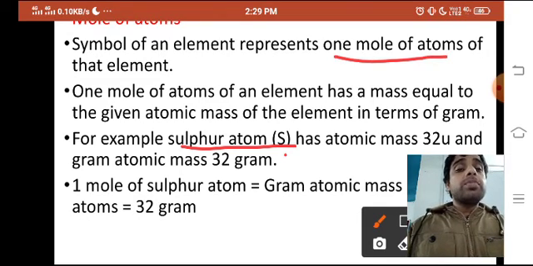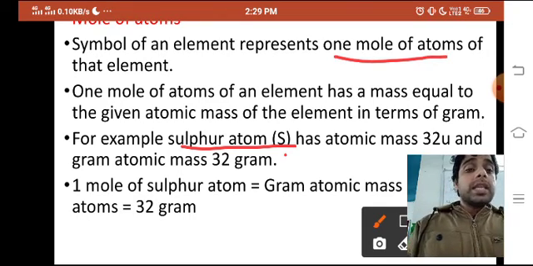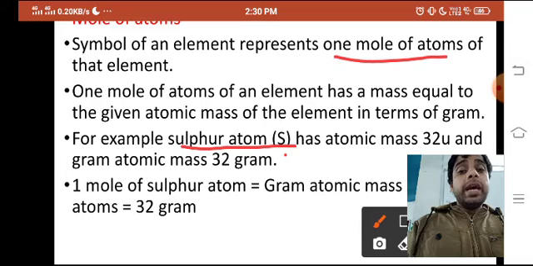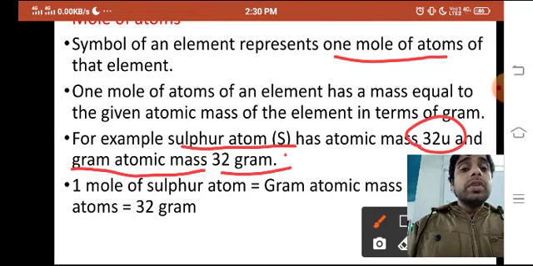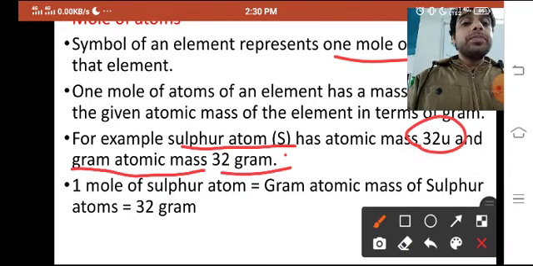So 1 mole of sulfur atoms has the atomic mass 32 U, and when I am talking about atoms, I will not write gram molecular mass. Atomic means gram atomic mass, so here capital GAM, in the case of atomic mass. So this one is 32 gram.